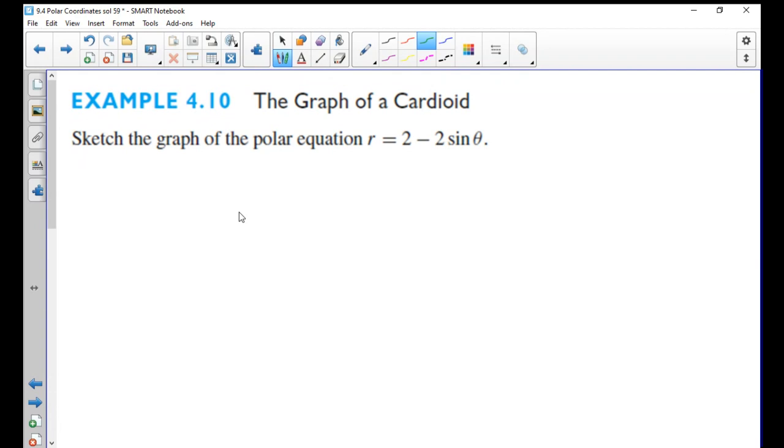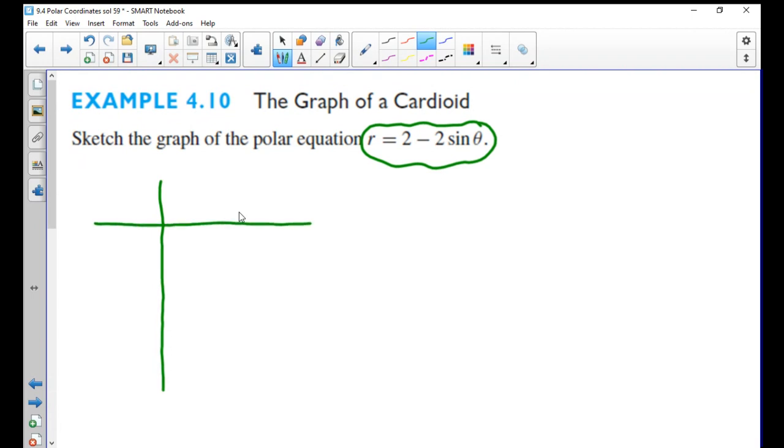Sketch the graph of this equation. We're going to do it in the same way, by splitting this into 0 to pi over 2, pi over 2 to pi, to 3 pi over 2, etc. So we'll do exactly the same as we did just a moment ago.